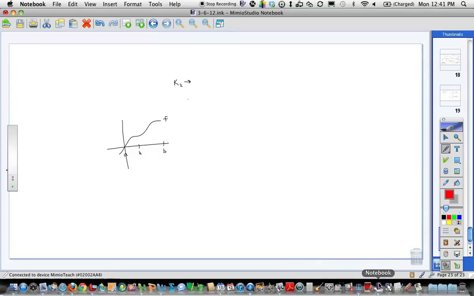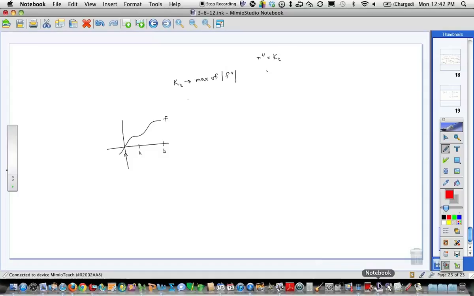And let's pretend that the function had that curviness all the time. So we want a pretend function where f double prime is equal to K2 the whole time. We're going to call K2 the max of f double prime, and we don't care if it's concave up or concave down.